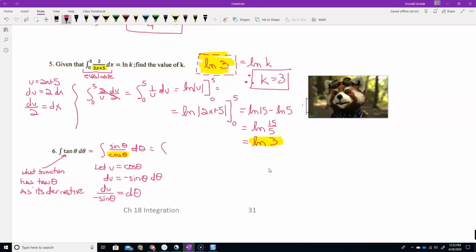Okay, so I can rewrite my integral now. Cancel, I'm left with a negative, so I'll pull that out front.